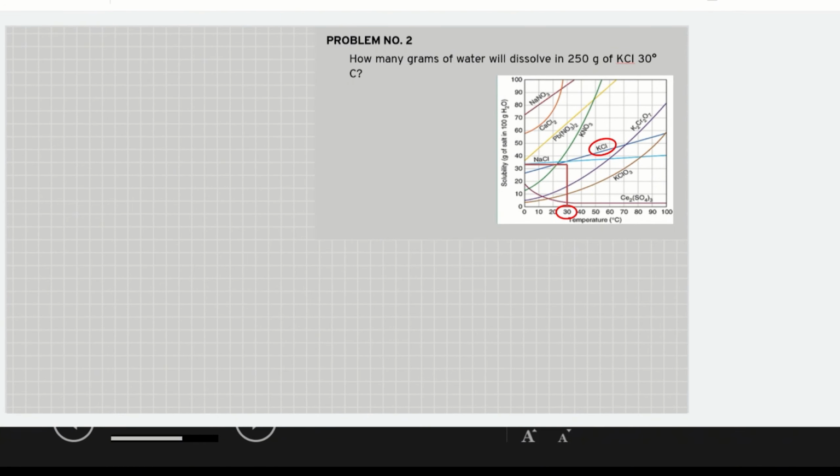As for the second problem, we have how many grams of water will dissolve 250 grams of hypochlorite at 30 degrees Celsius.